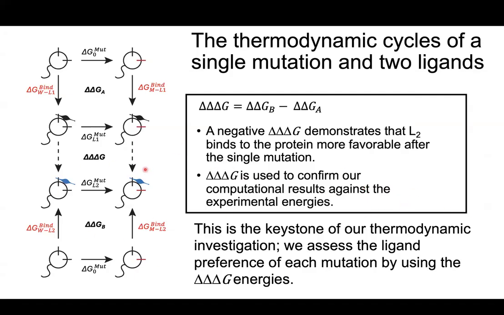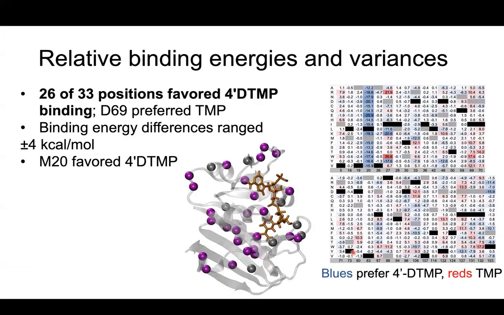So this triple delta G is used to confirm our computational results against the experimental energies. I will go with the relative binding energies and variances. For DHFR, this is our heat map.